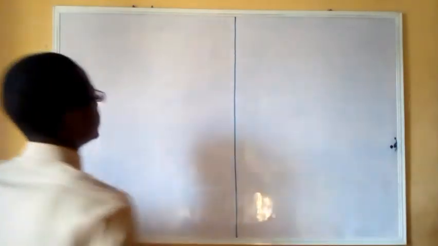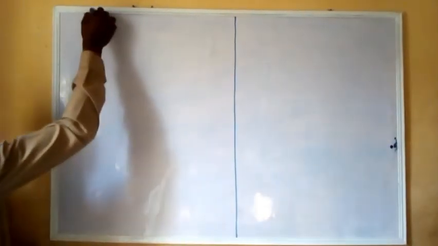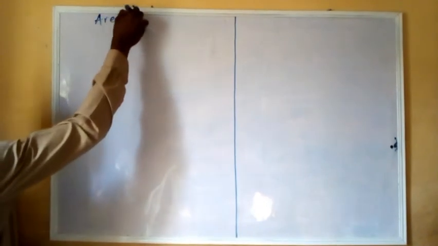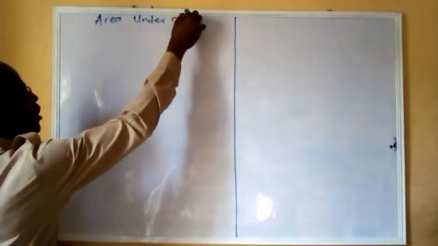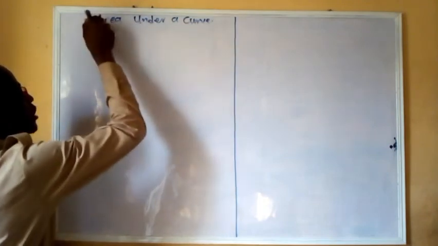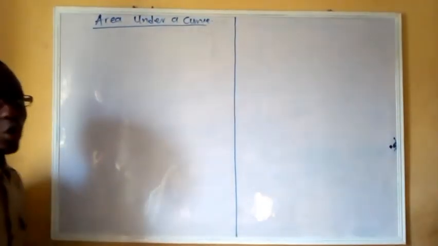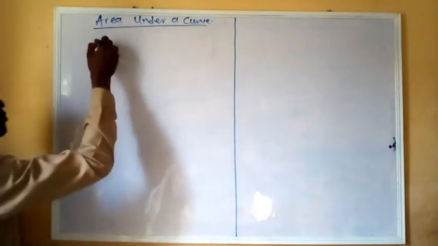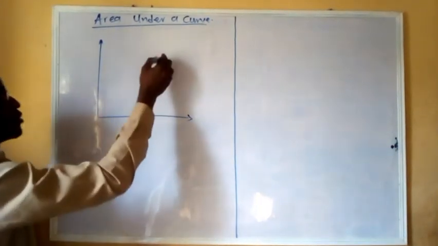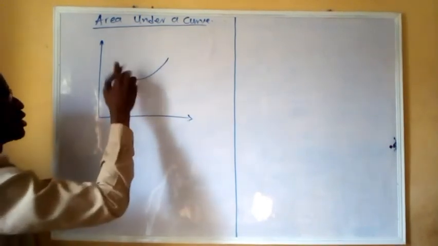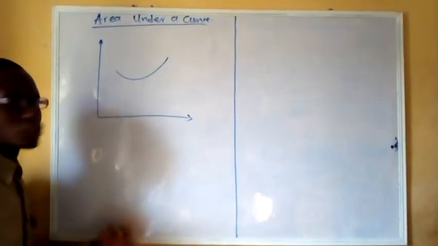Area under a curve. If I have a curve like this, there are specific points.